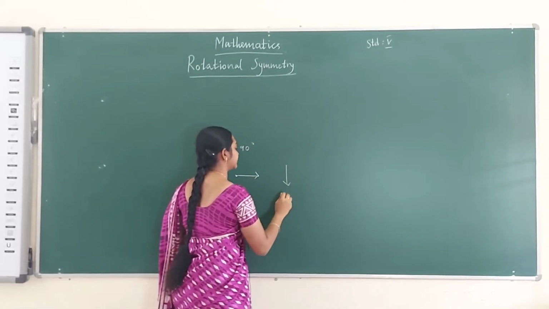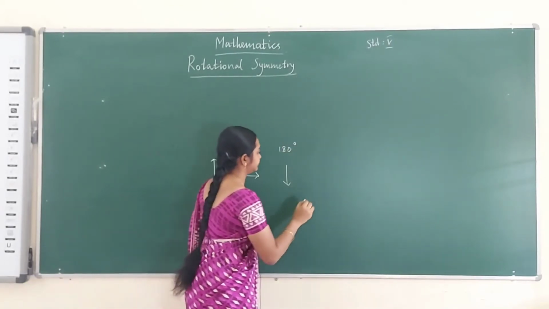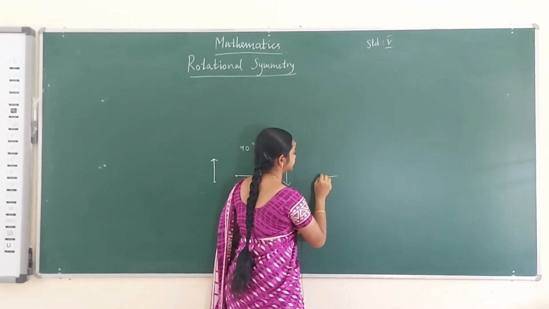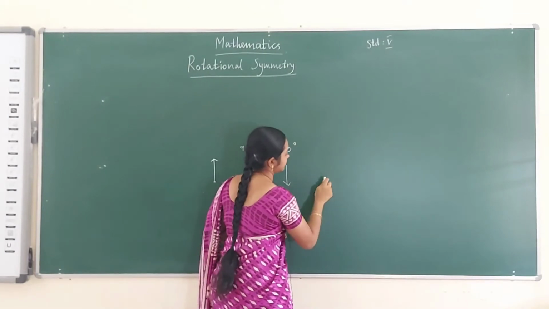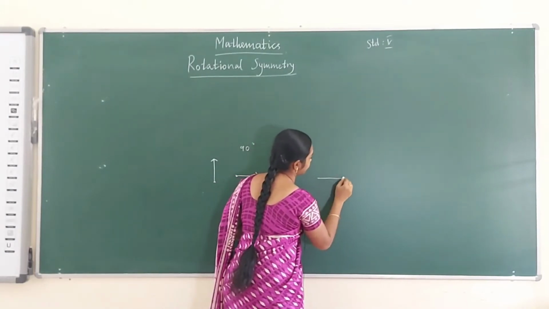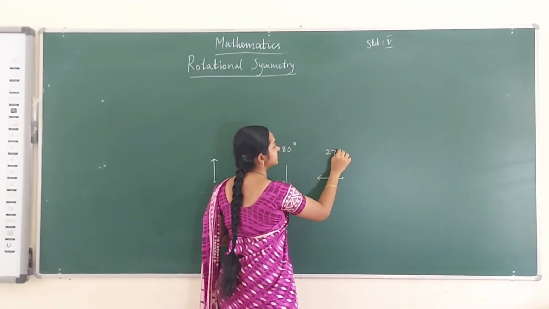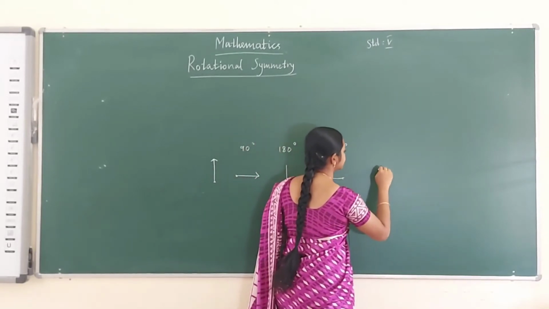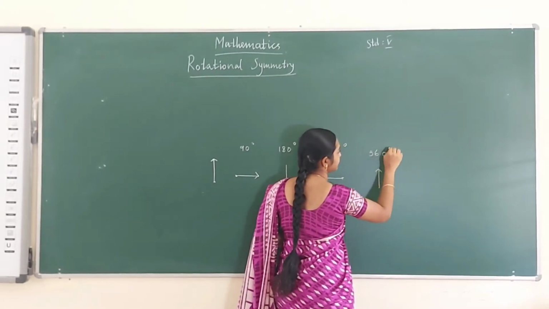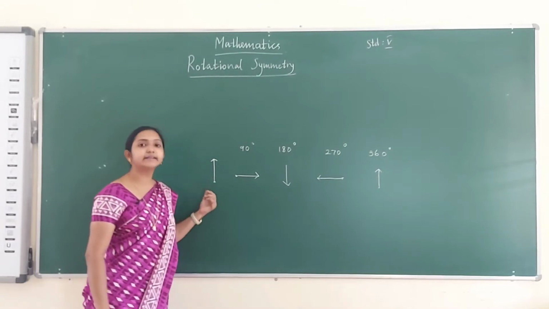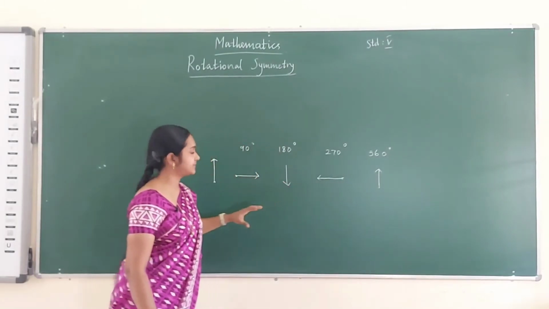Next I am rotating it 180 degrees. Next 270 degrees. Next I am rotating it to 360 degrees. Look how many times it looked the same. Only the first and the last image are looking the same.